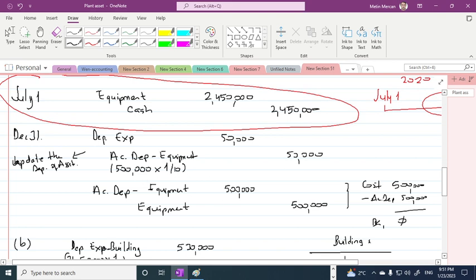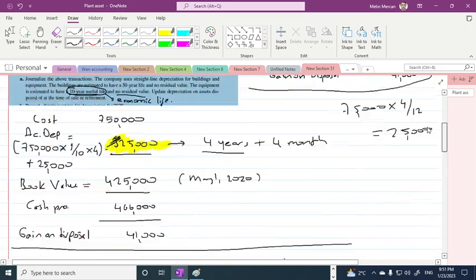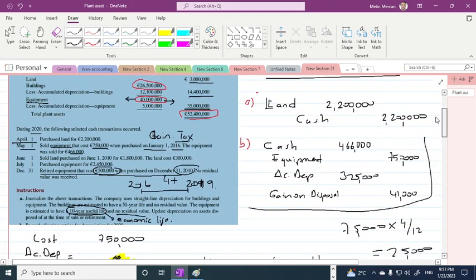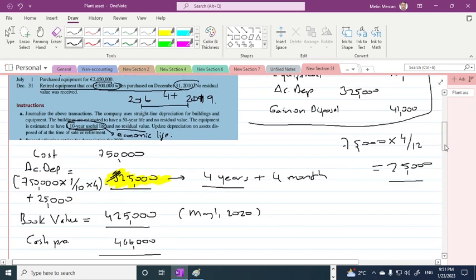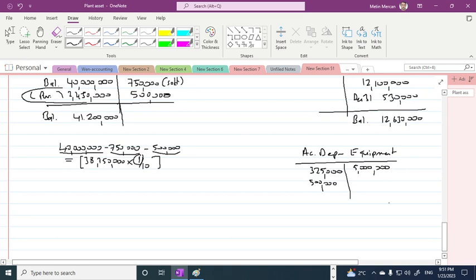It is also gone, $500,000. And May 1, we have $25,000, the same, this is May 1.